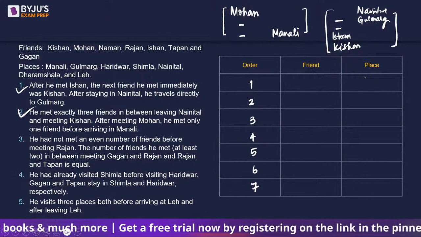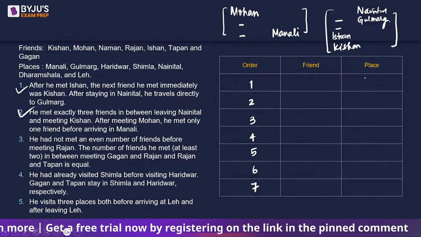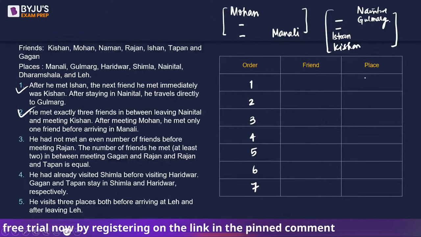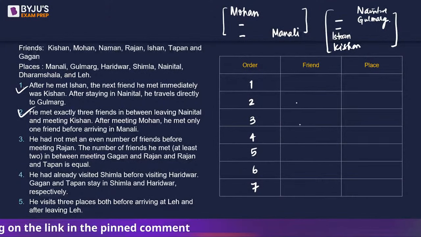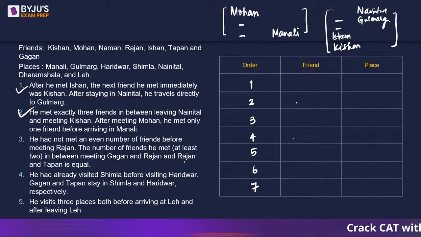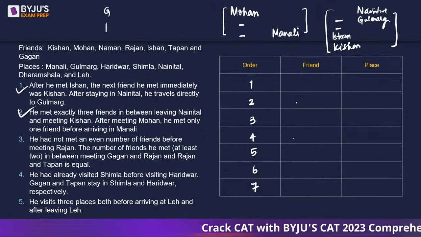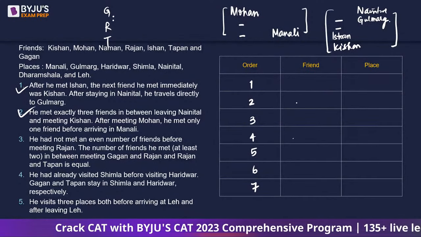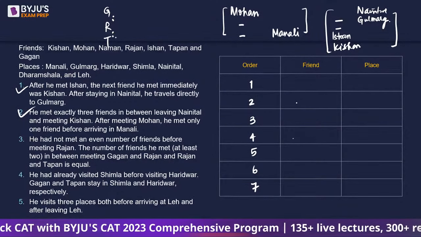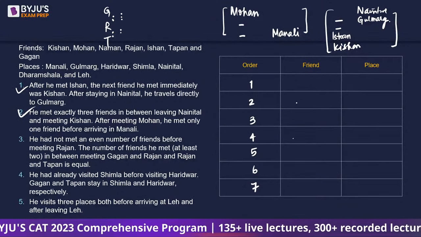Right? Okay. He had not met an even number of friends. In other words, he has met odd number of friends before meeting Rajan. So Rajan can be at 2nd, Rajan can be at 4th, Rajan can be at 6th. The number of friends he met, at least 2, in between meeting Gagan and Rajan and Tapan is equal. So between Gagan and Rajan and Tapan, there are at least 2 people. So they both may be 2-2, they both may be 3-3.